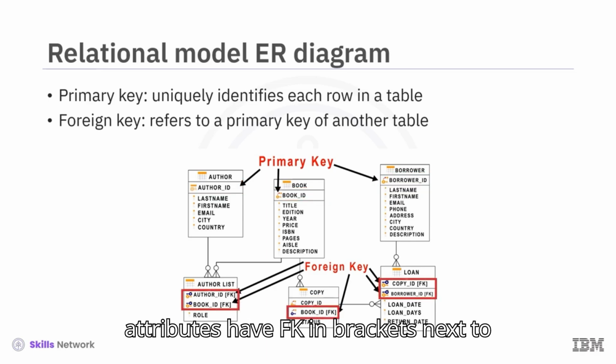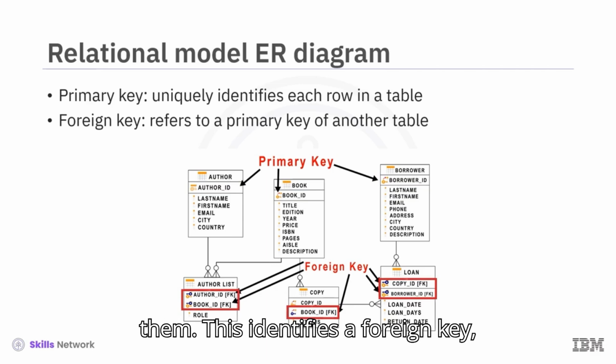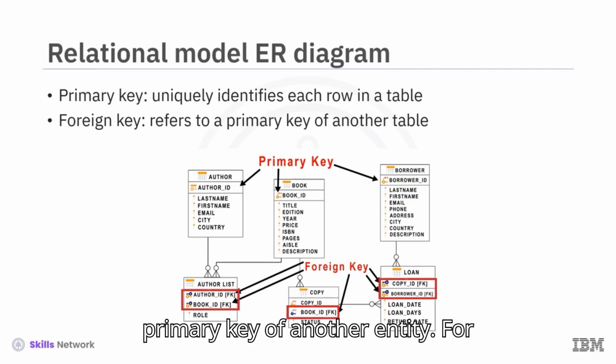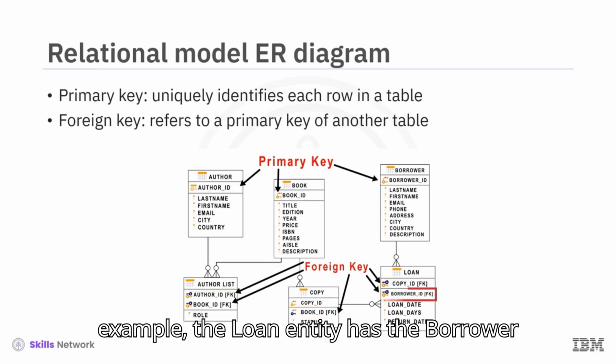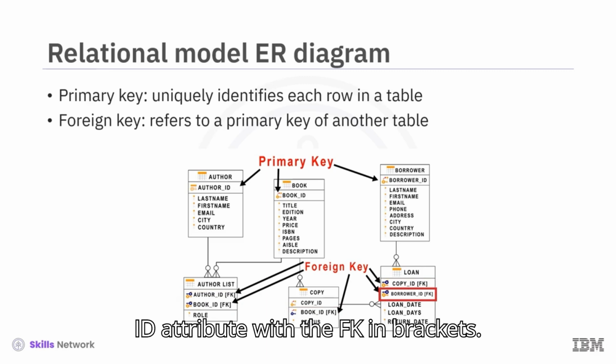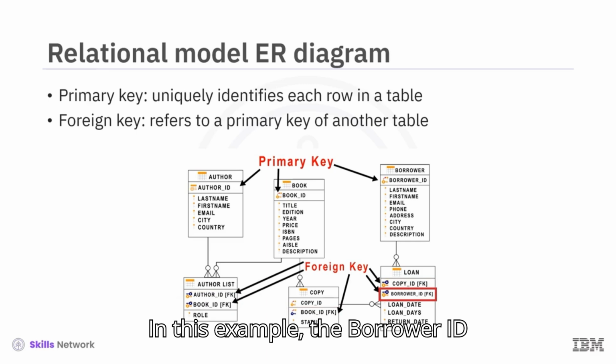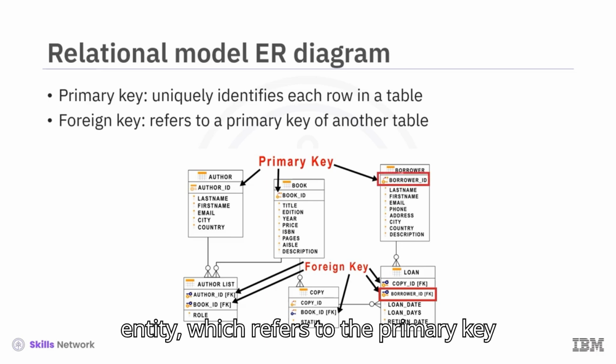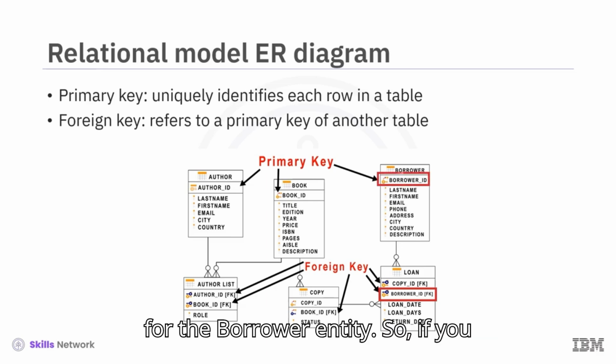Some attributes have FK in brackets next to them. This identifies a foreign key, which is a set of columns referring to a primary key of another entity. For example, the loan entity has the borrower ID attribute with the FK in brackets. In this example, the borrower ID attribute is the foreign key in the loan entity, which refers to the primary key for the borrower entity.